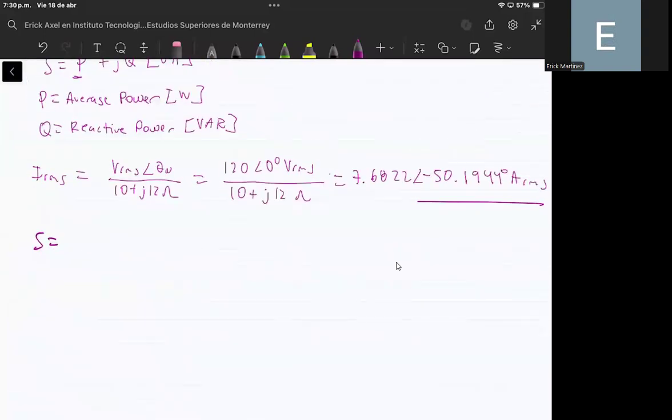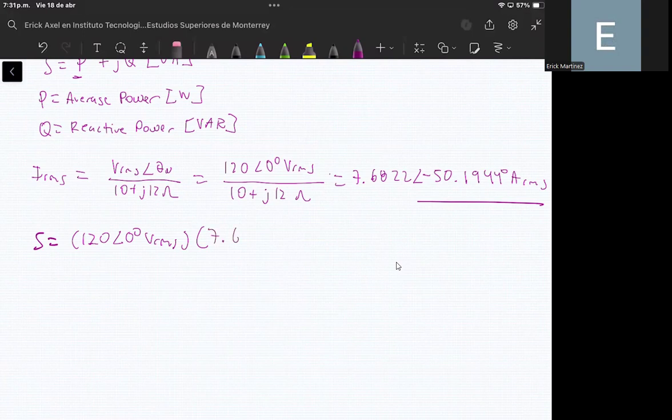So we know that the voltage is 120 with an angle of 0 degrees volts RMS times the phasor of the RMS current. But remember that in this part, we need to consider the conjugate of the current.